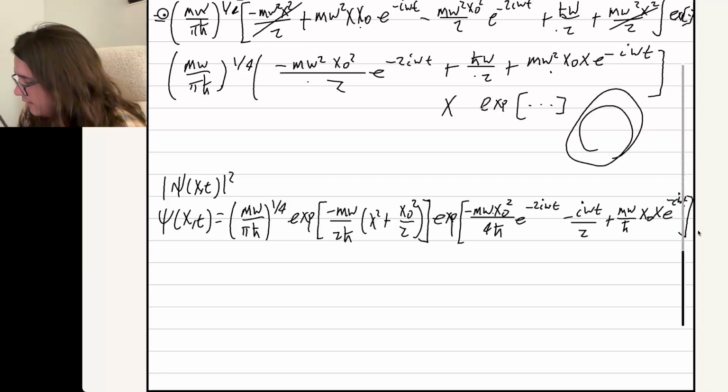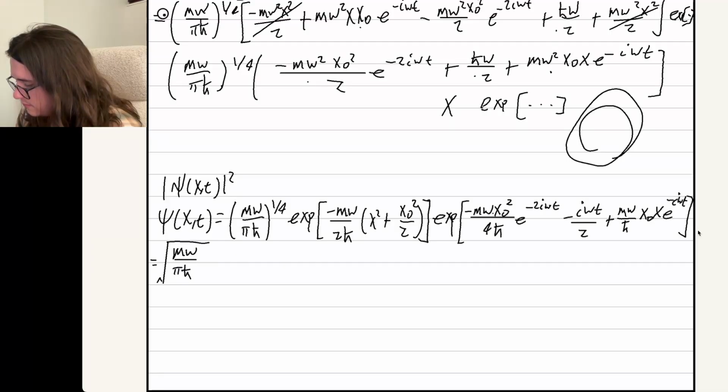So, taking the square modulus then, that 1/4 will change to a 1/2. So we get the square root of this thing. We have that this exponent will be squared, so this 2 that was on the bottom of this fraction is going to go away. That's all that's happening there.